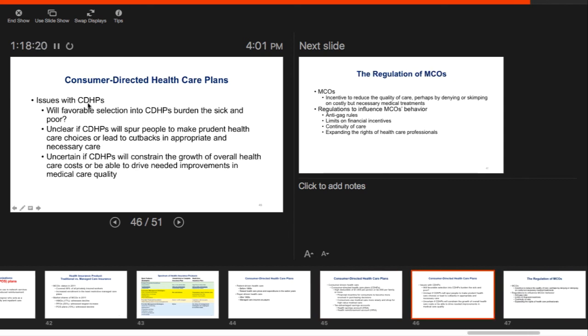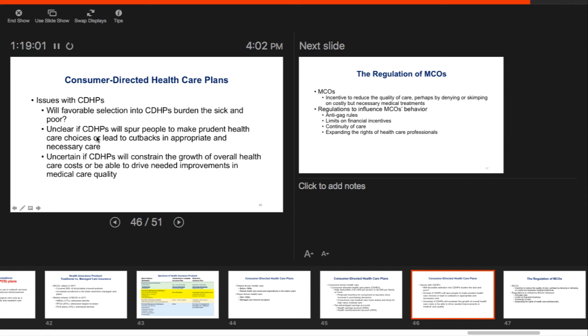When we look at this incentive of high deductibles and premiums, we also have to think from both sides whether consumer-directed health plans will have favorable selection and burden the sick and poor. Do you think people with pre-existing chronic disease cannot get the medical care they need because of the high deductible or high premium?